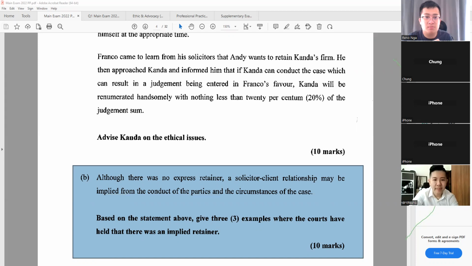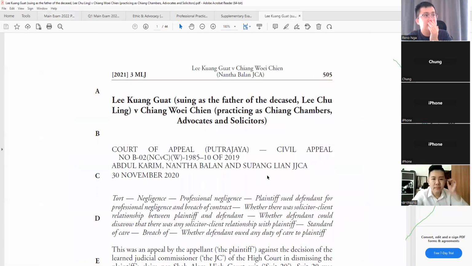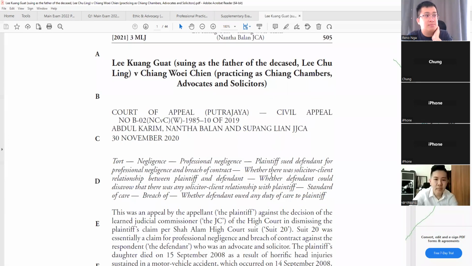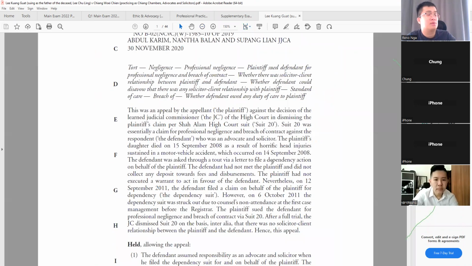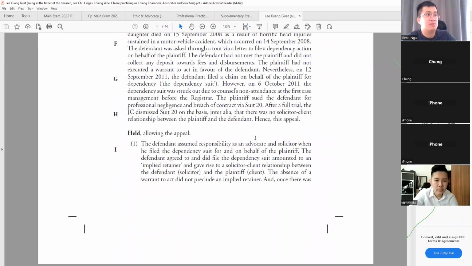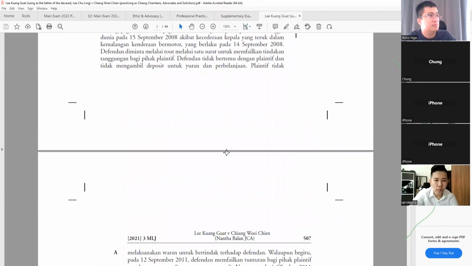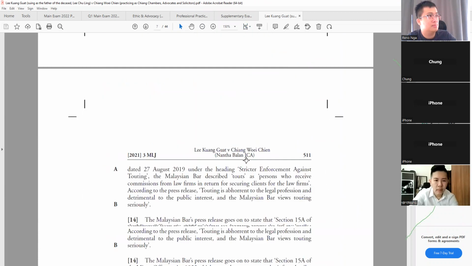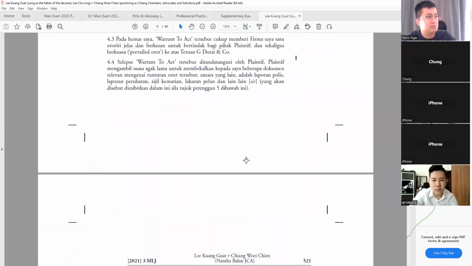Implied retainer, does this mean the client retains the solicitor? Is that a form of solicitor-client relationship? Like they expressly told you, I want you to be my lawyer, but I impliedly want you to... I don't know, because when I tried to attempt this question, I went online and found one case that tries to explain the solicitor-client relationship.